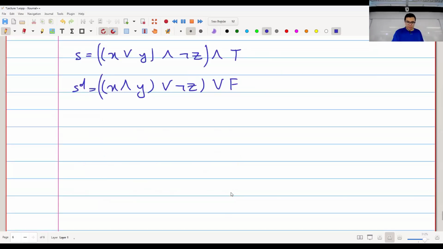Here's what's very interesting. I say that if I have two different statements, S and S prime, then S is equivalent to S prime if and only if their duals are equivalent.